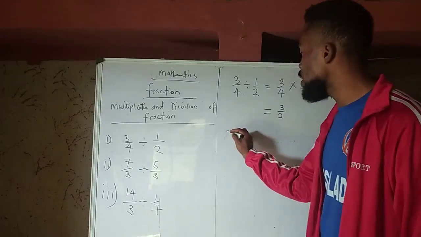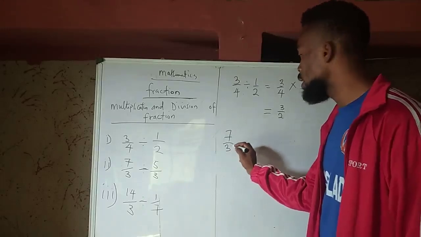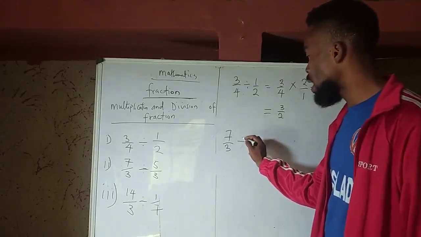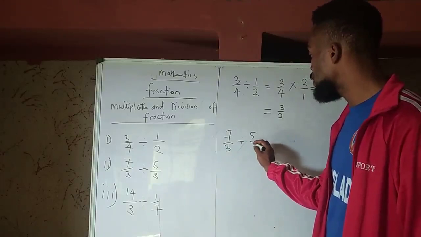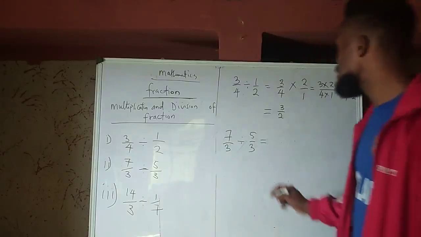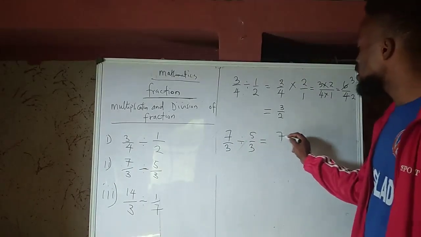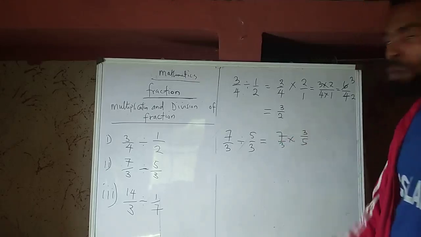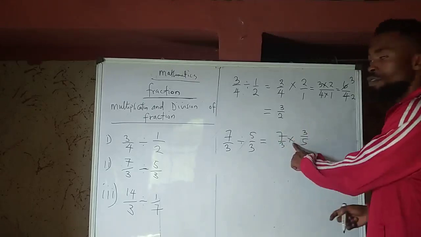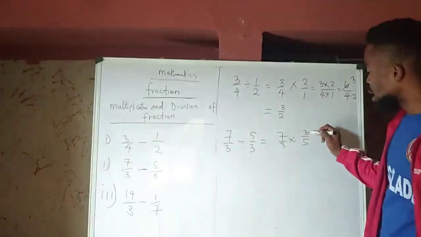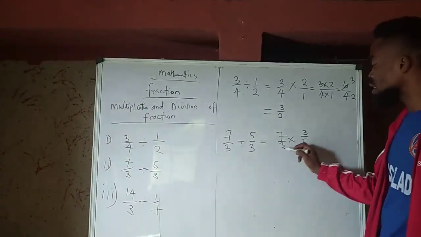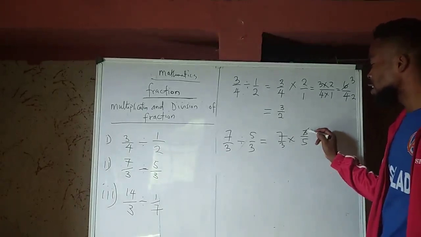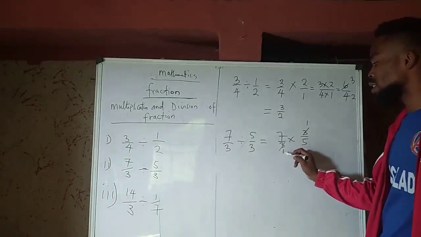Good. So the next one is 7 over 3 divided by 5 over 3. This is simple now. This is going to be 7 over 3 times 3 over 5. Now you see, based on the fact that we have multiplication here, and there is a common factor between 3 and 3, 3 divided by 3 is 1.